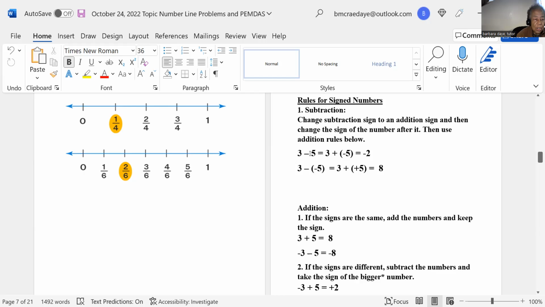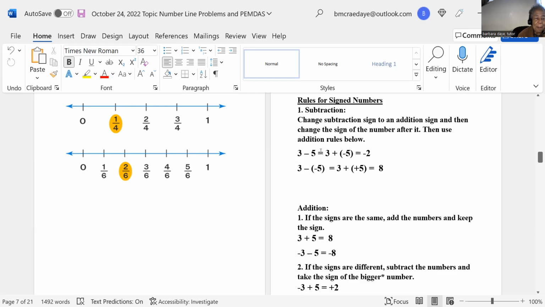So 3 minus 5 is saying subtract 5 from 3. The 5 is positive, you change it to a negative and you add. So 3 plus a minus 5 means you subtract, just like we did in an earlier problem. 3 from 5 is 2, and the sign is negative. 5 is bigger, so that's why it's negative.